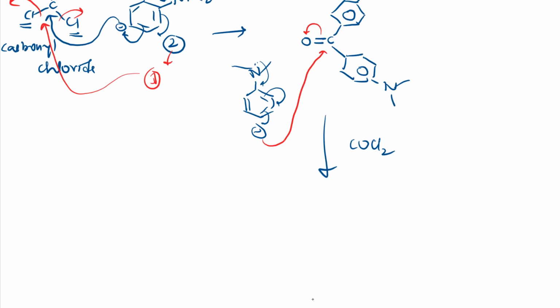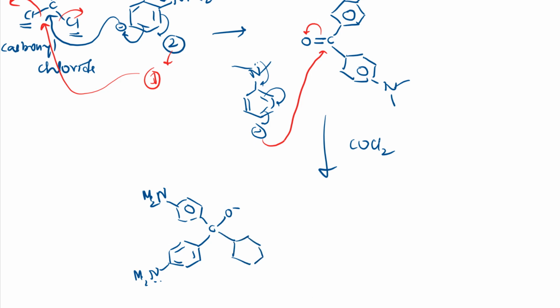See here, C. Other things I will keep as they are, and here also NMe2 with lone pairs. Here it becomes O minus, and one more molecule attacked here. So it is a benzene ring, and I got this structure.